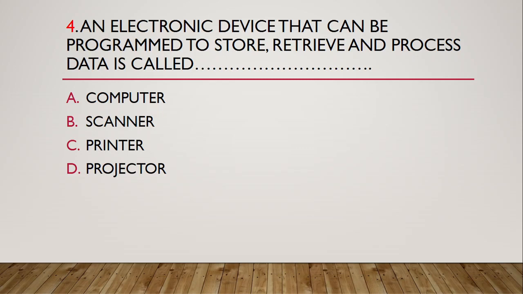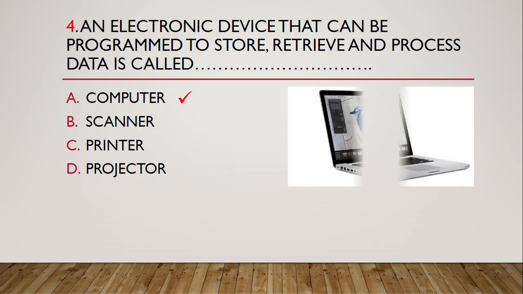C. Printer. D. Projector. So which among these devices can be programmed to store, retrieve, and process data? Our answer there is A. Computer. A computer is an electronic device that can be programmed to store, retrieve, and process data.